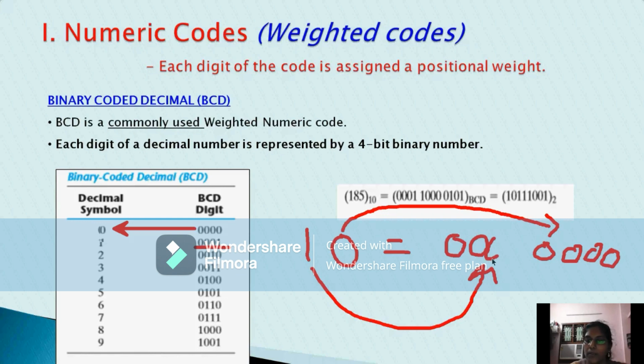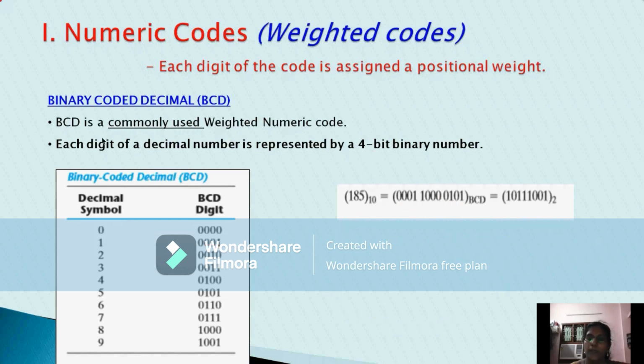When you are writing BCD, please give this much space between the digits. See here the space is given, no? So for clarity and also for representing BCD, you have to give 1 or 2 spaces here. This is about finding the equivalent BCD for any decimal number.